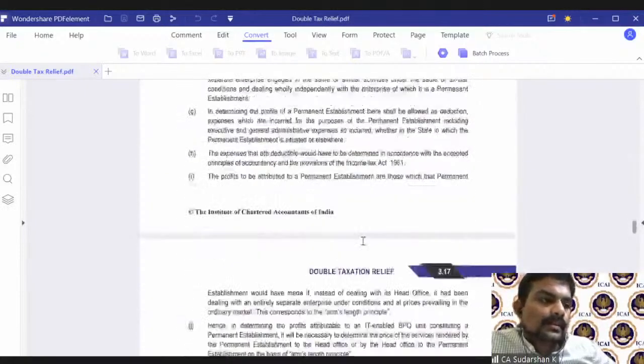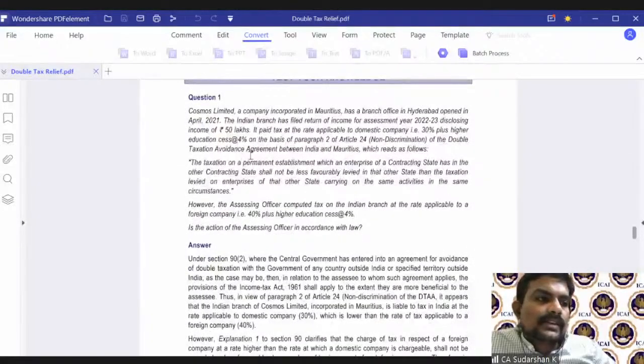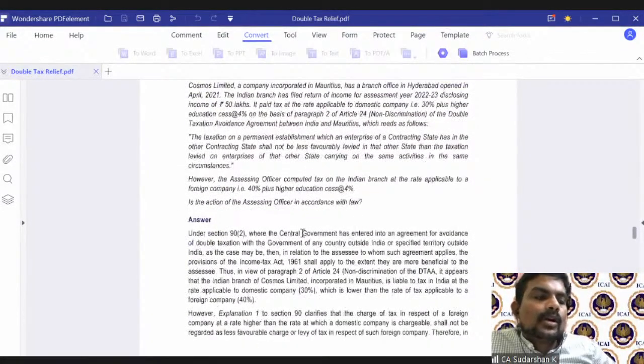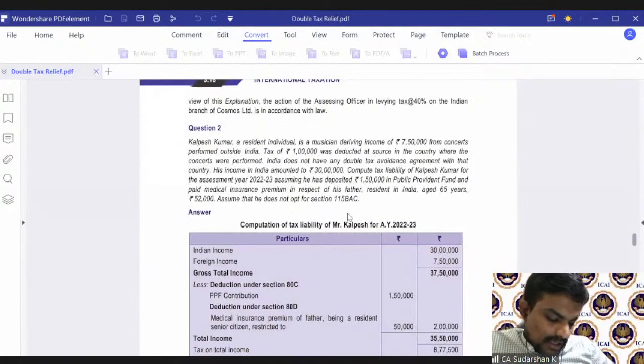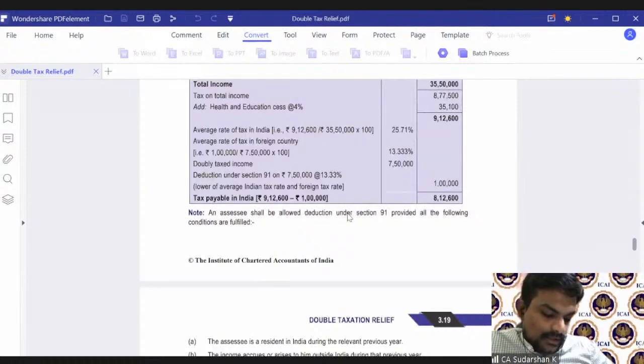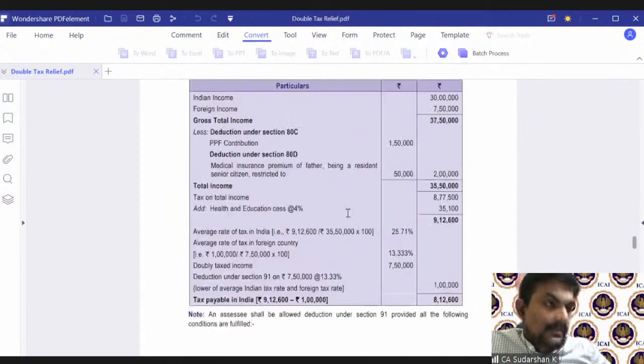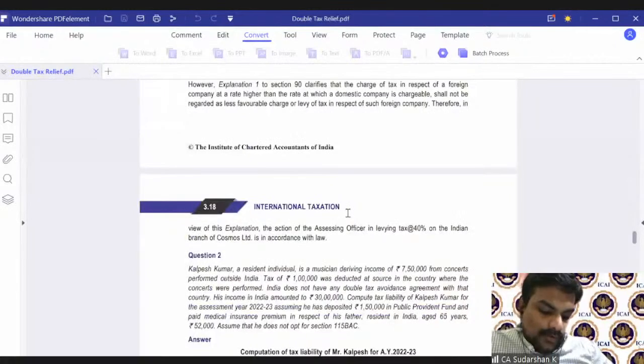All these are something which we have already discussed and which are all part of section 90. So please go through it, especially question 1, question 4, and question 7.